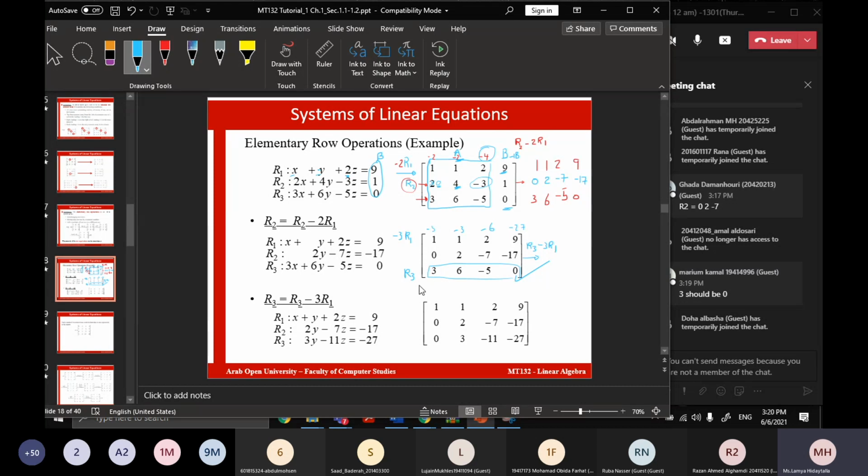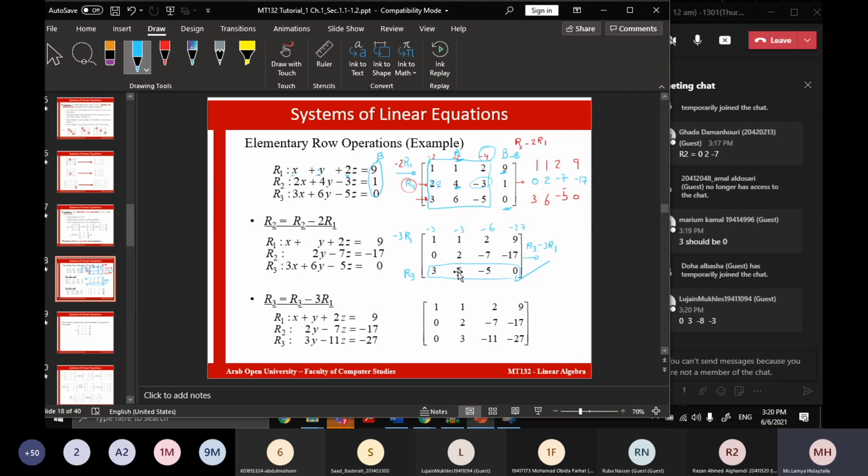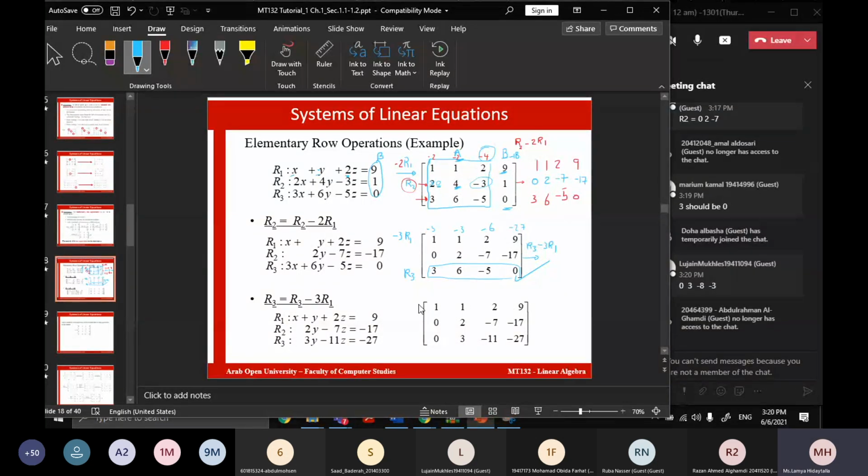So 3 minus 3 is 0, and then 6 minus 3 is 3, minus 5 minus 6, and then 0 minus 27, so this is minus 27. So this is R3 minus 3 R1, so I'll go from here to there.